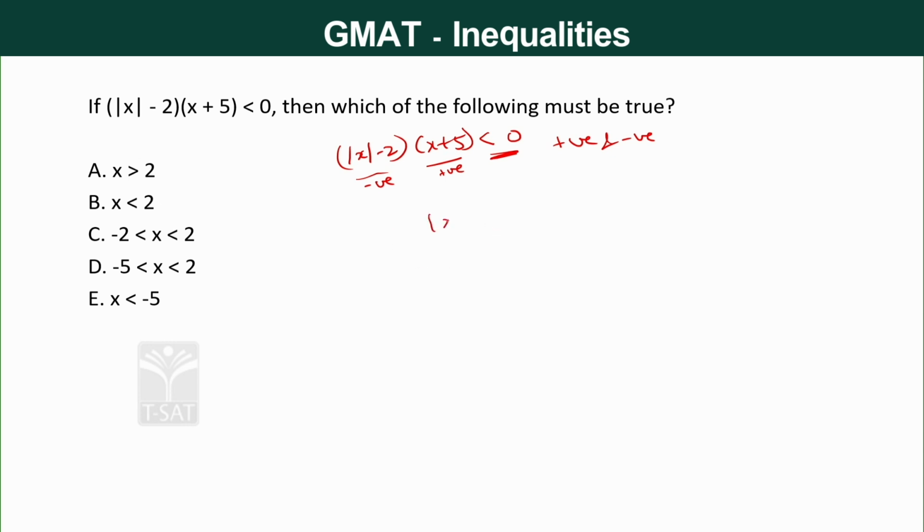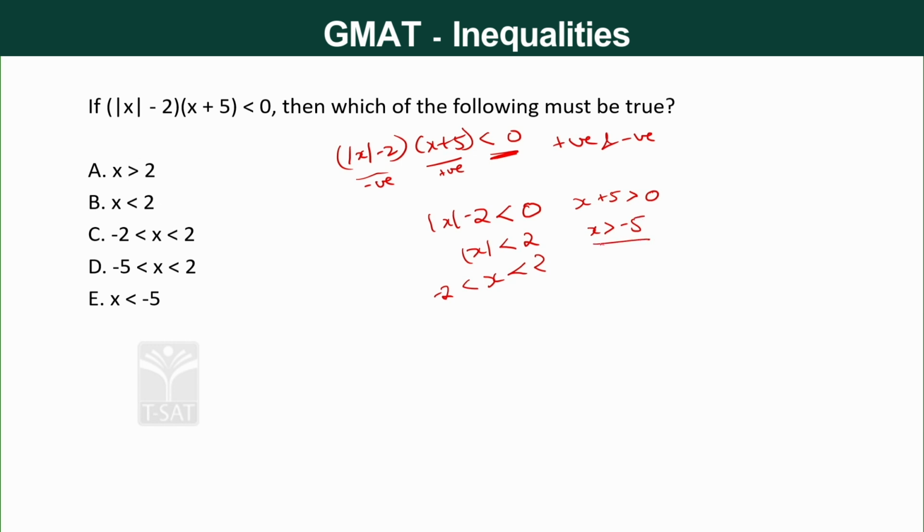So, for |x - 2| to be negative, for it to be less than 0, you will have to have |x| less than 2, that is, x is between 2 and -2. At the same time, while this is negative, this should be positive, that is, x + 5 should be greater than 0, which means x is greater than -5.